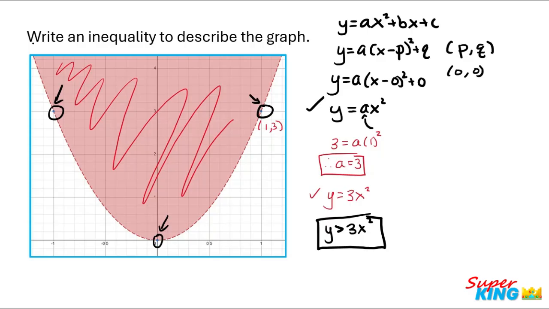We wouldn't use an equal sign unless we had a solid line. And that's quite simply everything that you need to do. Just choose a number of points that will give you a satisfying solution to the quadratic form.